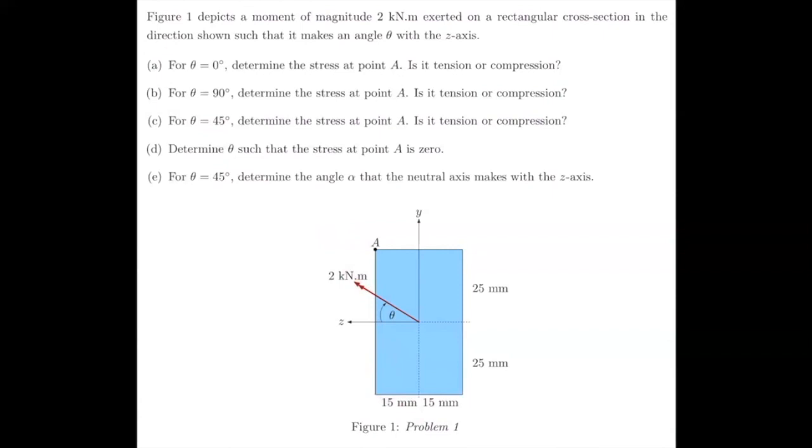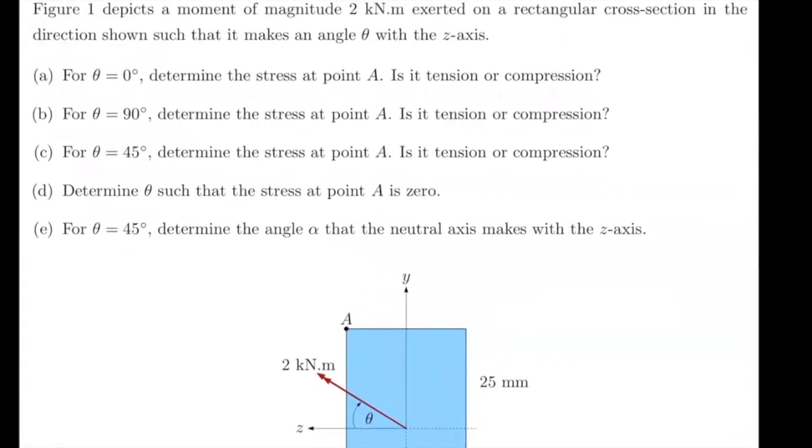Now, all you have to do is to use the formula for the stress. So for part A, sigma, or let's say sigma in general, is minus My over I, and then you need to pay attention to the sign.